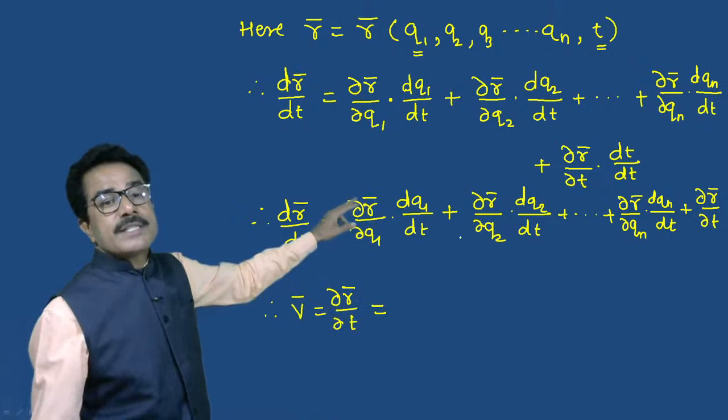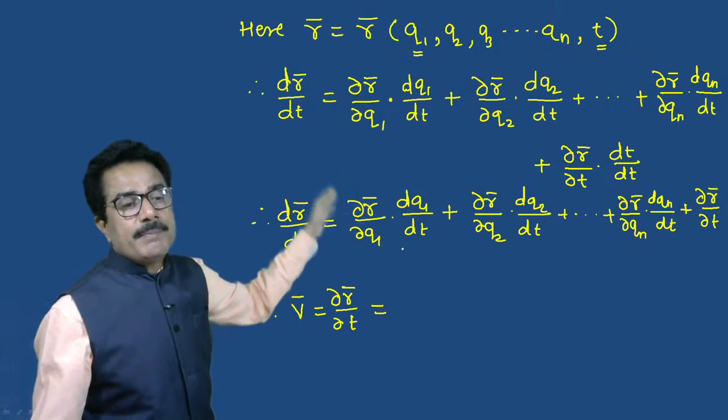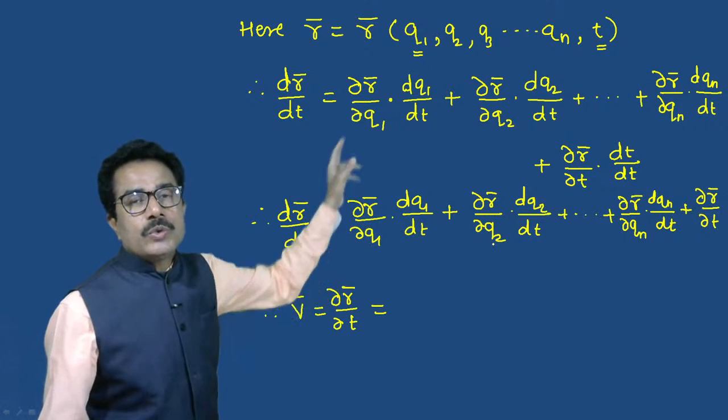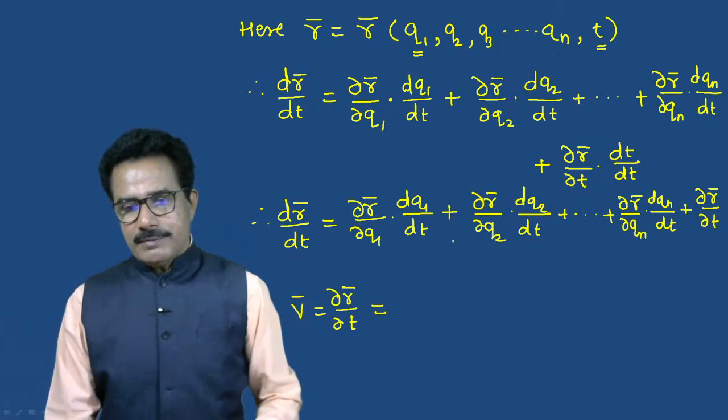Now we can write this as a summation: summation of the first term plus summation of the second term, that is q1, q2, q3, q4. These are the terms which are in addition.